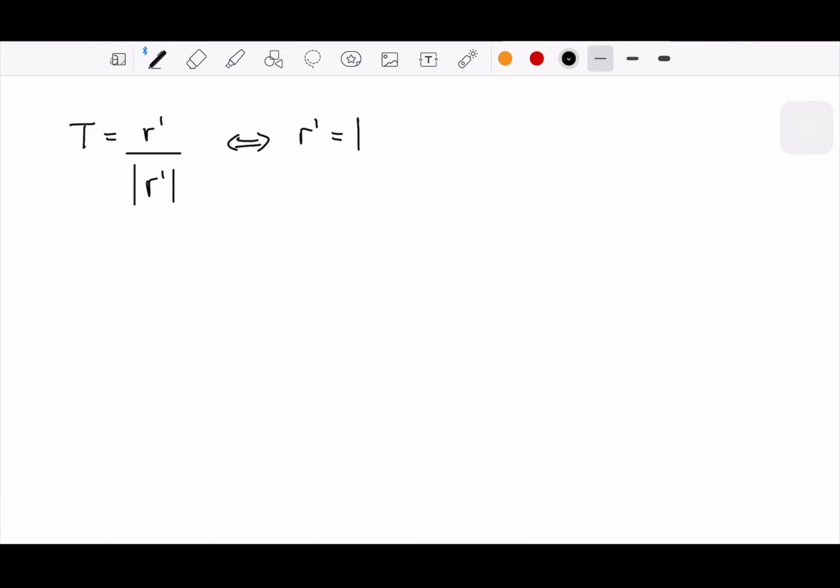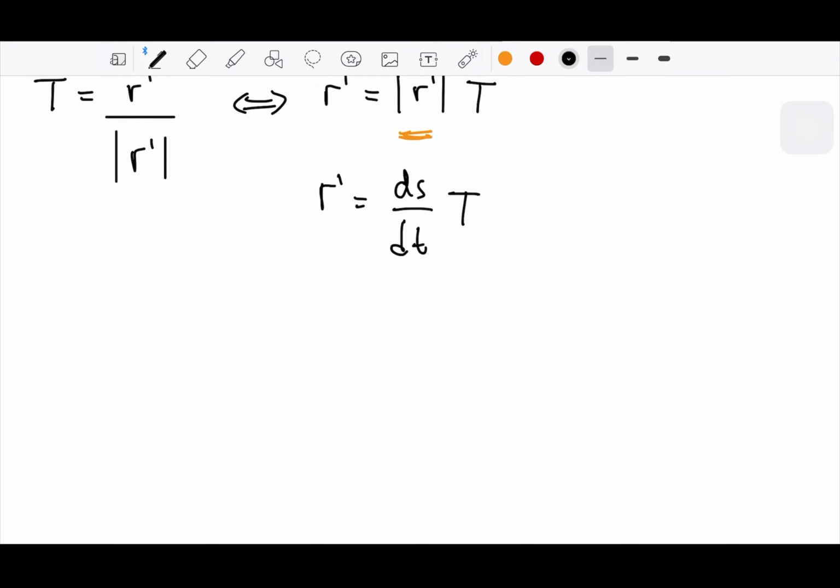So from here we can rewrite r prime as equal to its magnitude multiplied by the unit tangent vector, and we know that for this r prime, we can exchange its magnitude with ds over dt, from the definition of the first derivative itself.